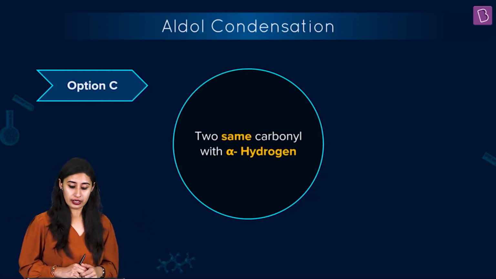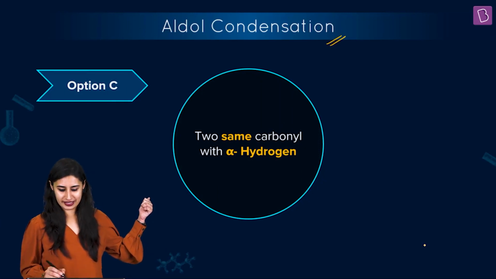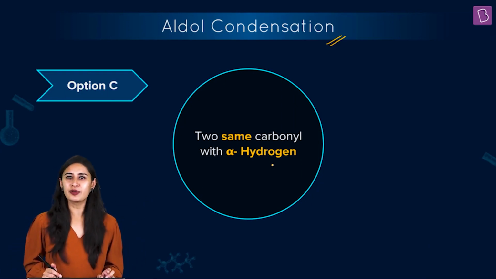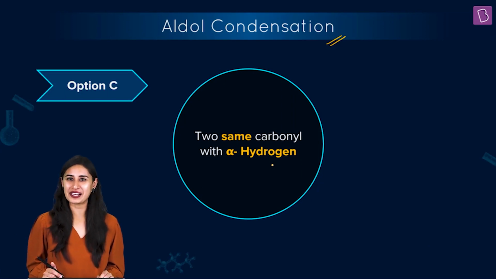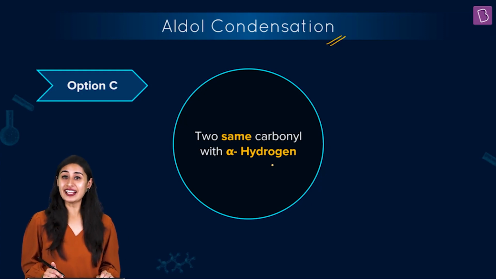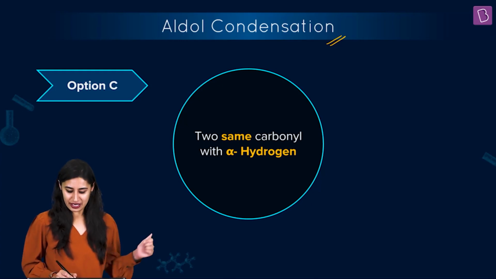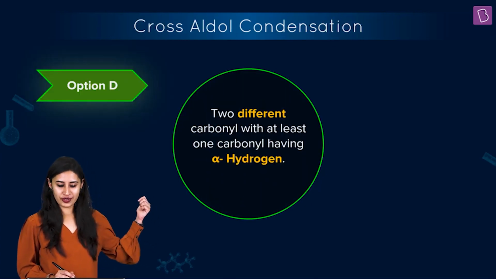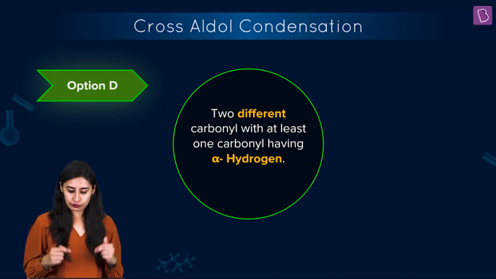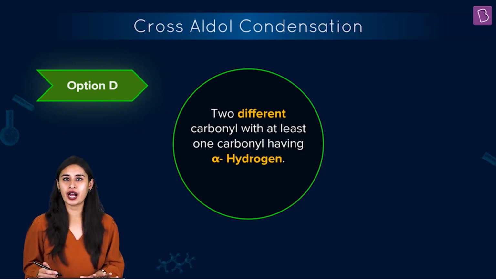Let's look at the option which is talking about aldol condensation. Aldol condensation needs two same carbonyls with alpha hydrogen. Same carbonyl? No, we do not have the same carbonyl here. And when we have different carbonyl compounds, that's when the possibility of cross aldol comes into the picture, isn't it? In cross aldol condensation, we have two different carbonyls with at least one carbonyl compound with alpha hydrogen.